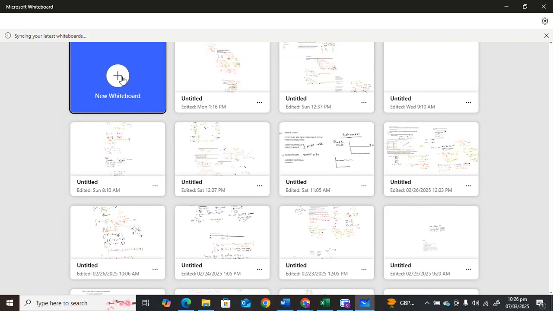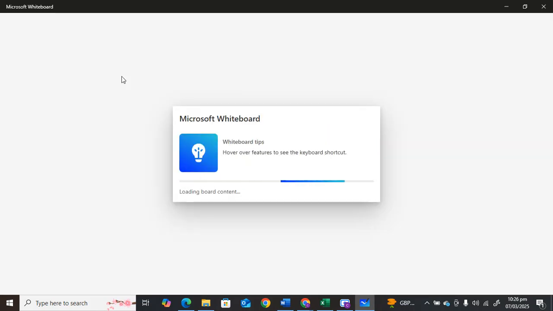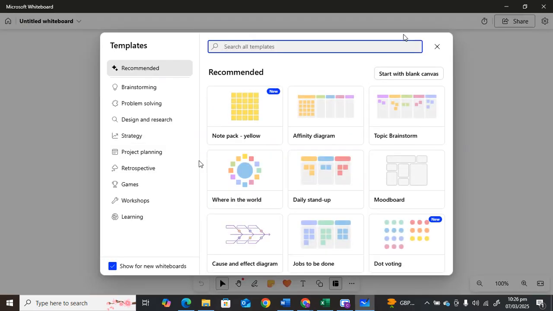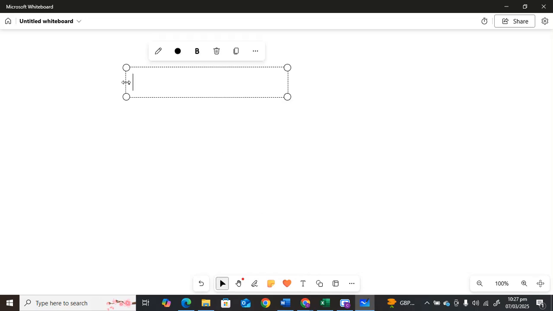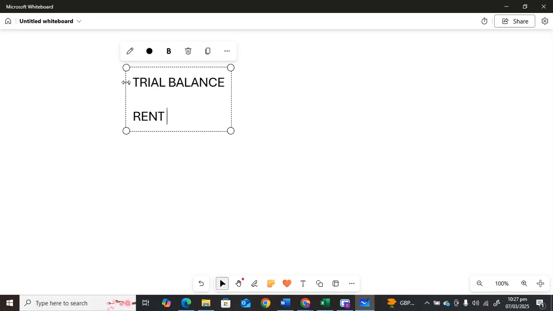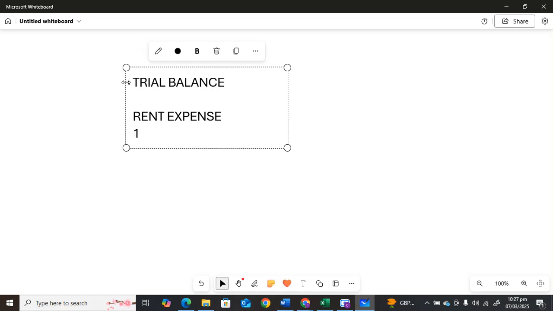Okay, so on the trial balance, you find rent expense 150,000.